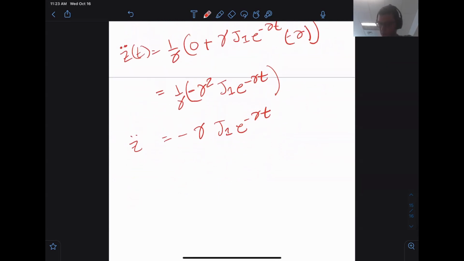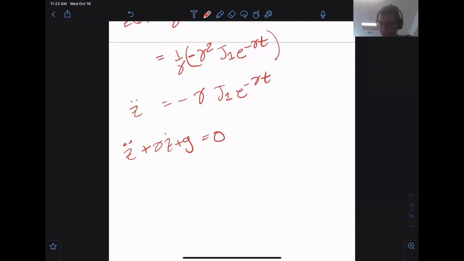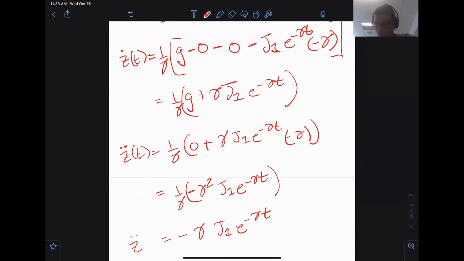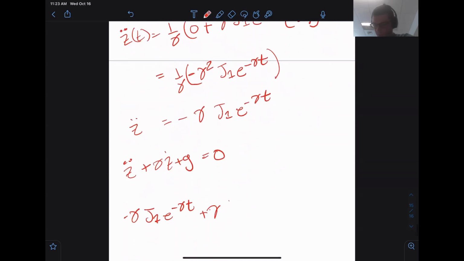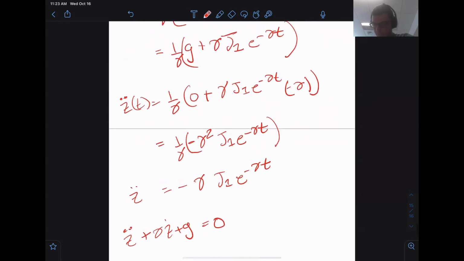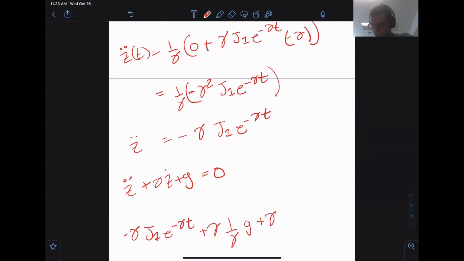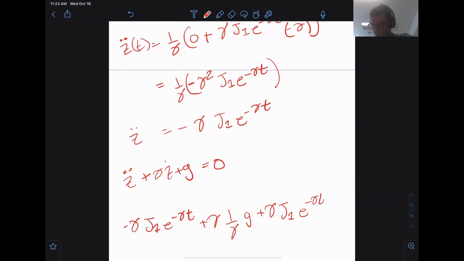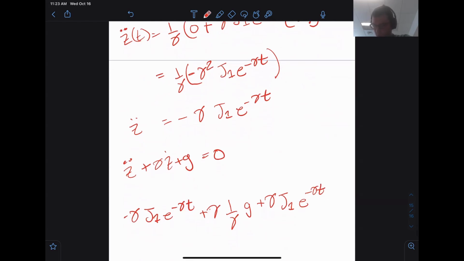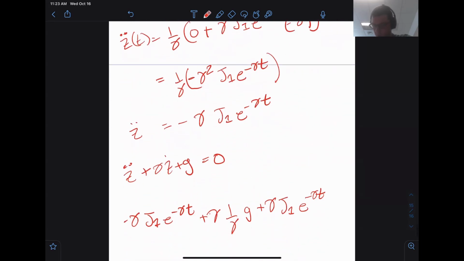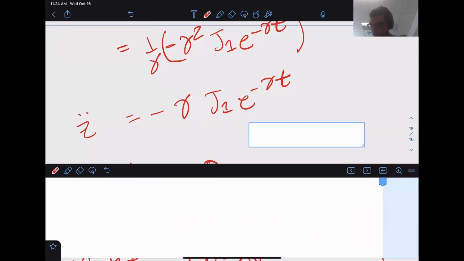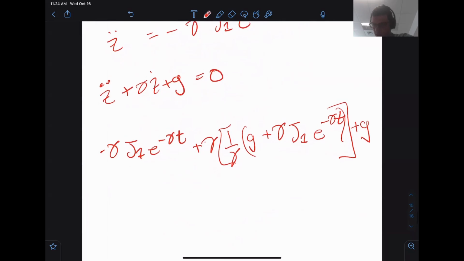Okay, now the equation of motion was z double dot plus gamma z dot plus g is equal to 0, so z double dot is negative gamma j1 e to the negative gamma t, and that was z double dot plus gamma z dot plus g. Oh my goodness.